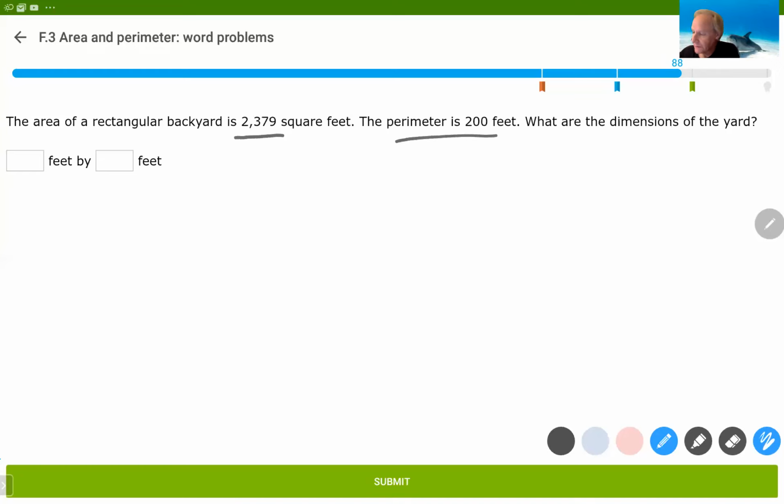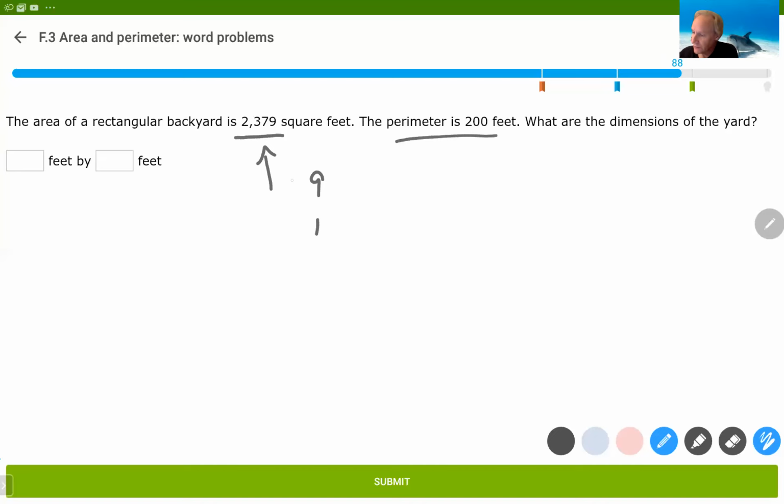What I've been trying to do is think of some dimensions that will give me exactly 9 at the end. About the only way to divide it up is with a 9 and a 1. 1 times 9 is going to give us the 9 at the end. I know I need a combination that is going to have a perimeter of 200 feet.